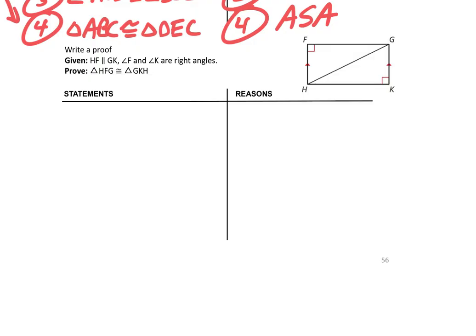Right now we have an angle and we have a side. So I need one more piece. What can I do when I have arrows here? What two angles would we say are alternate angles?